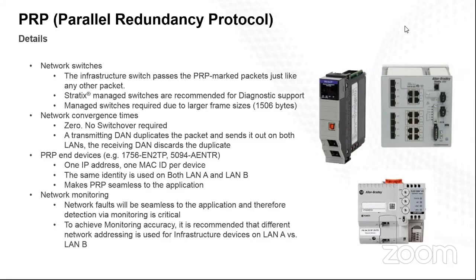On the other side, the receiver of those packets will receive the first packet, take that data, and ignore the second packet. Essentially, we call this first one wins. That's why the PRP DANs and the red boxes have that type of communication in the parallel redundancy protocol. But these devices only have one IP address and one MAC ID, so that keeps it somewhat simple.